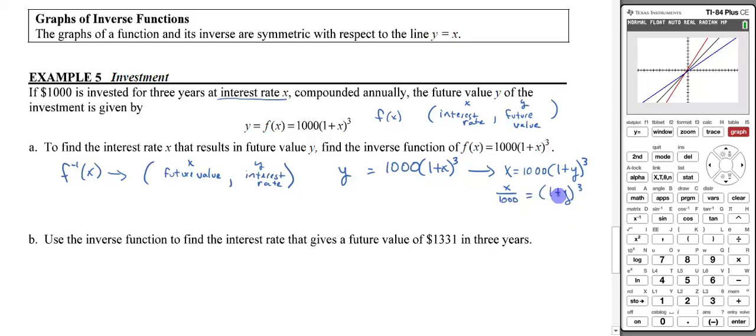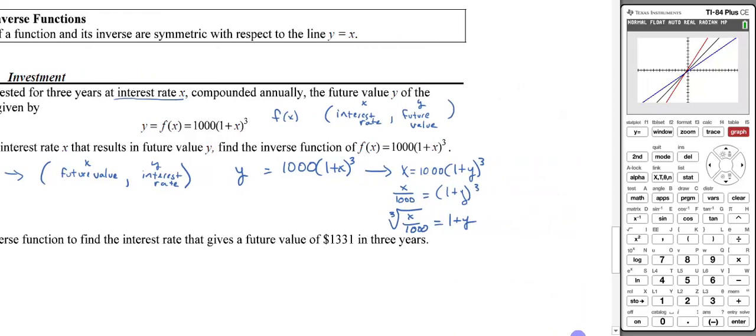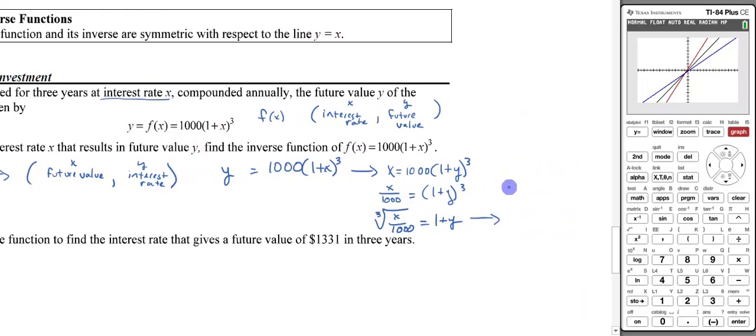Then we'll take the cube root of both sides to get the y out of those parentheses. Cube root of x over 1,000 equals 1 plus y. And one more step is to subtract 1 from both sides.